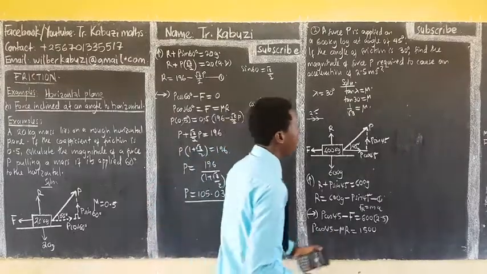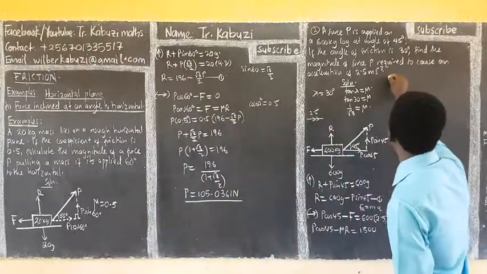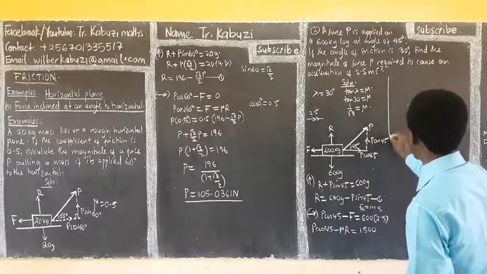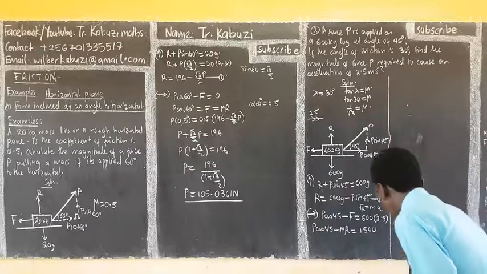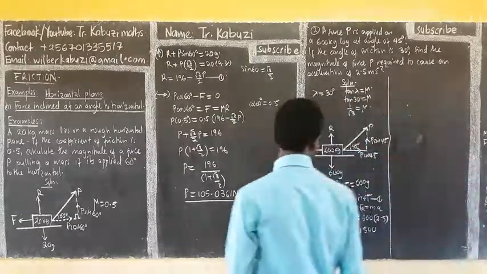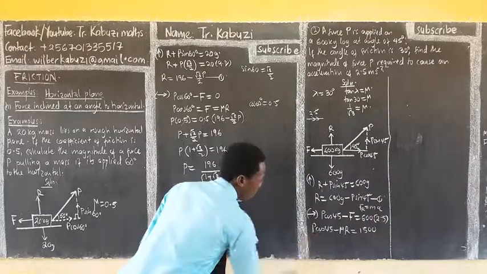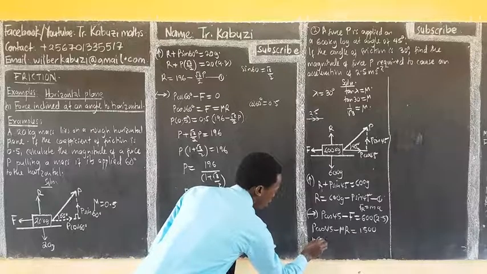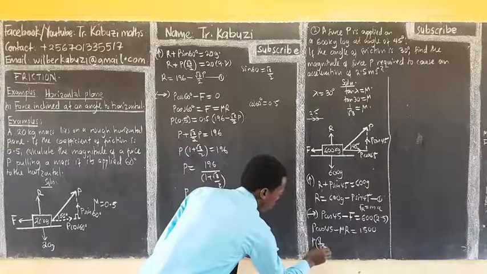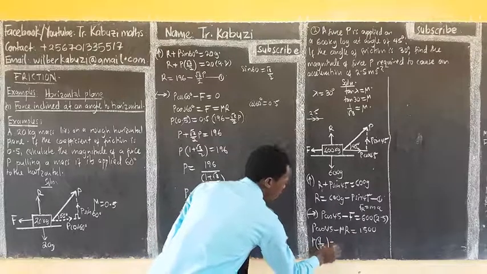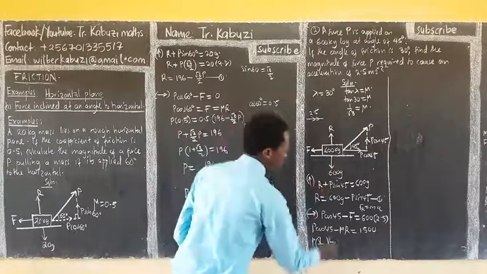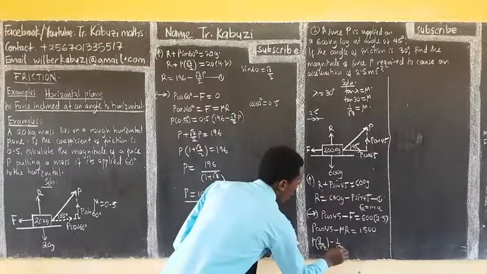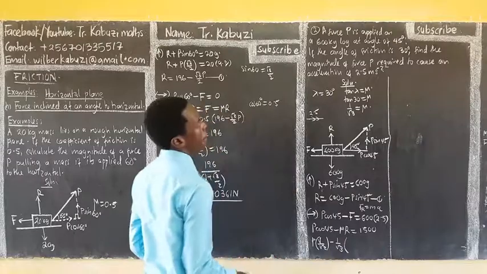So now, if we substitute there our R, allow me now to use this part here. Now if we substitute our R, remember cos 45 is 1 over root 2. Okay, it's 1 over root 2 minus mu. My mu is 1 over root 3 into our R.